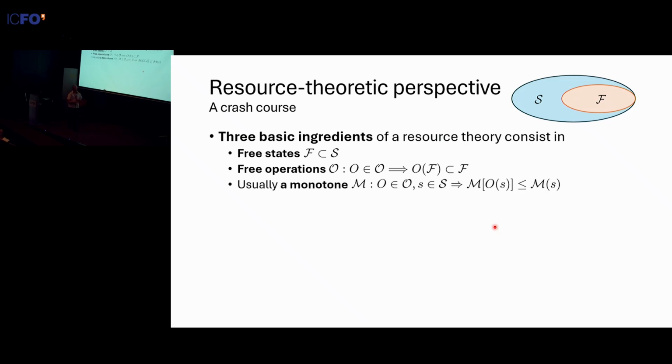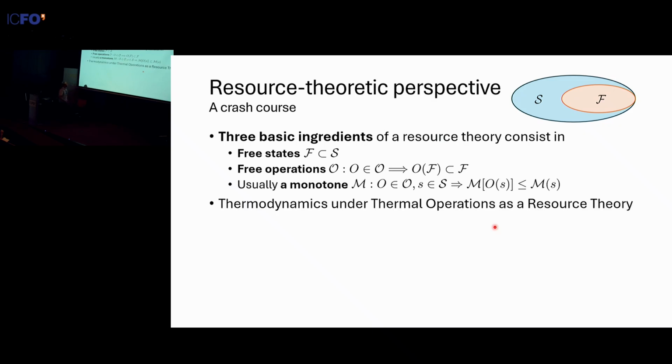And usually the theory is supplemented by a monotone, which is called a monotone because it is always reduced under free operations. As a simple example, thermodynamics under thermal operations that I already mentioned can be described first by free states, which is trivially just a single state, the Gibbs state.